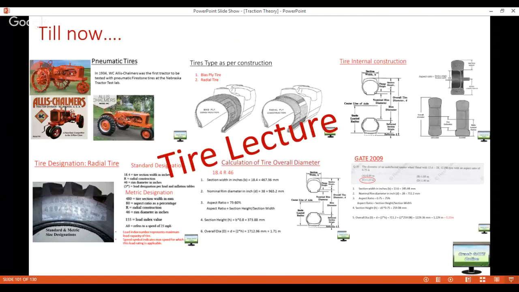If tire and soil do not interact properly, you will not get better traction or grip on the soil, and your tractor will simply start slipping. As you all know, slip is simply a waste of power. You are wasting your engine power, and your tractor is not able to utilize the power produced by the engine. That is why tire study is of immense importance.